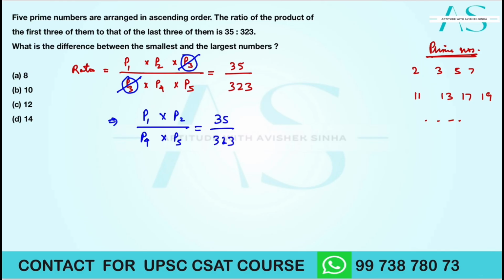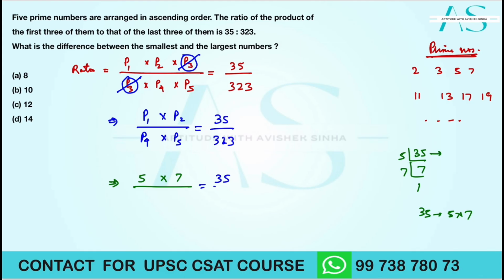Now can I smartly look at it and say, if 35 is the product of two numbers and both of them are prime, can I divide this as 5 and 7? Or can I say 35 is basically 5 into 7? Bingo. Now we exactly know that our P1 is actually 5, P2 is actually 7, and then we have P4 and P5.